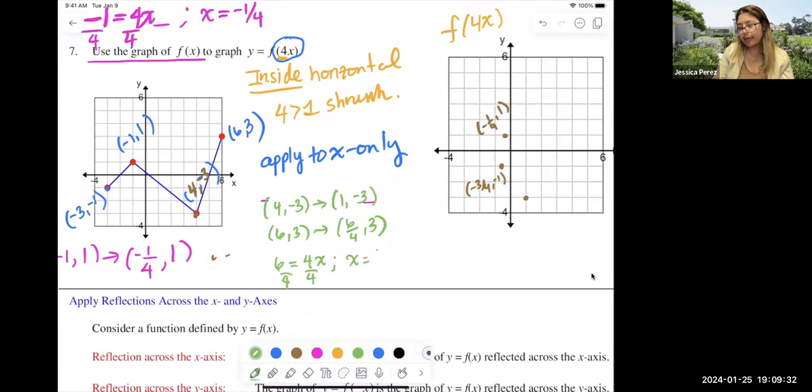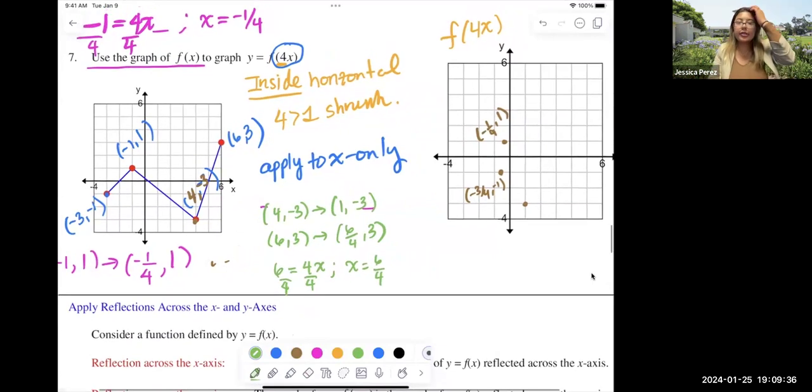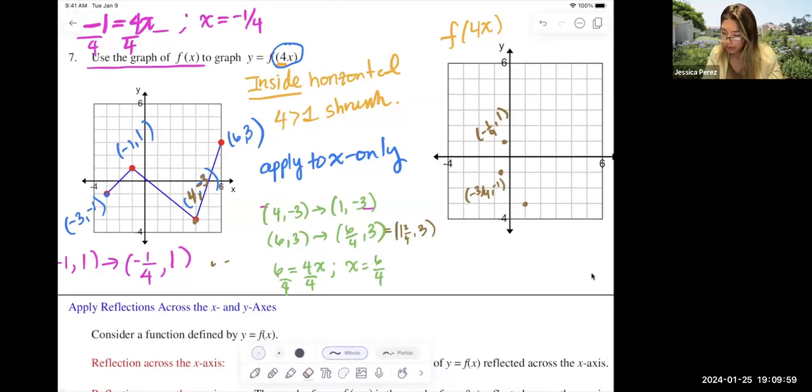That's how they give me my x value, and that will always be the case. So if, let's say, your inside was 1/4 x, then you do 1/4 x equals whatever your x value is. You set your x values equal to each other and solve. So then we have 6 over 4. That's 1 2/4, or 1 1/2, and 3. So I'm going to do 1, negative 3, which we did, and the last one was 1 1/2, and then up 3.